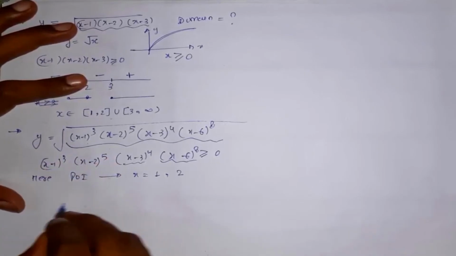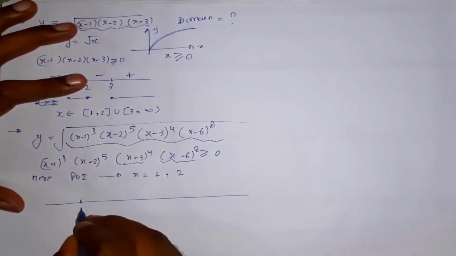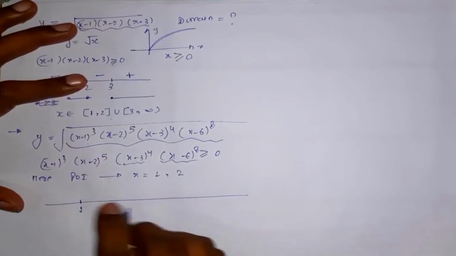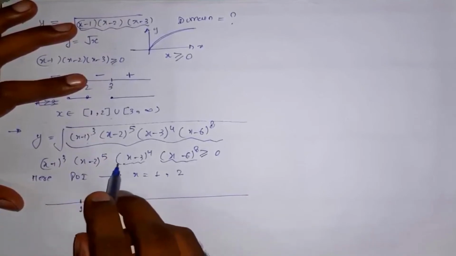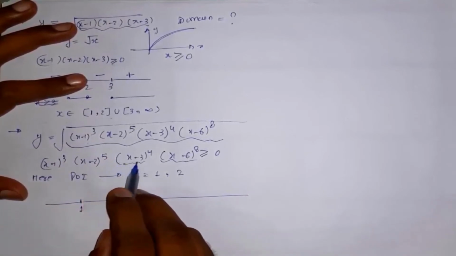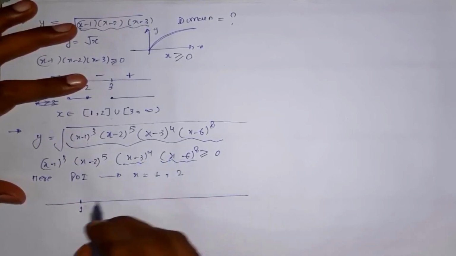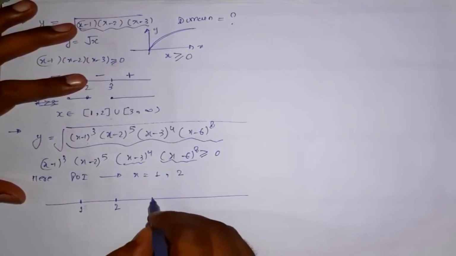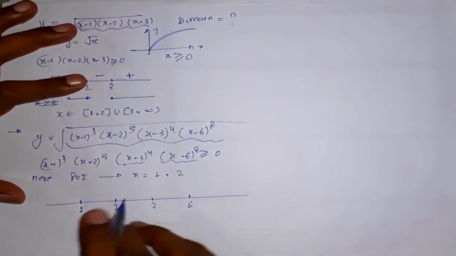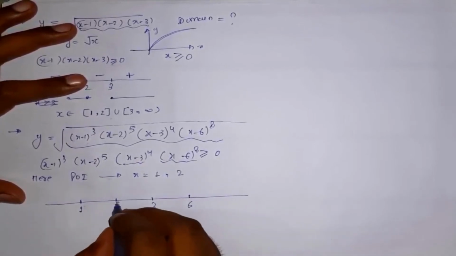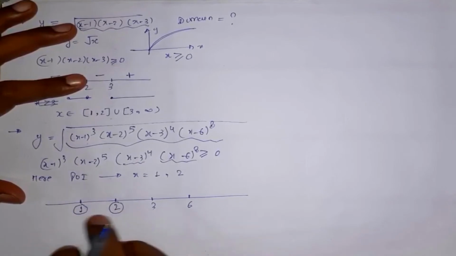Now what we will do is plot 1 and 2. With that, we will plot 3 and 6 also, but 3 and 6 are not points of inversion. So 1, 2, 3, 6. Now these are the points; we will focus only on 1 and 2.